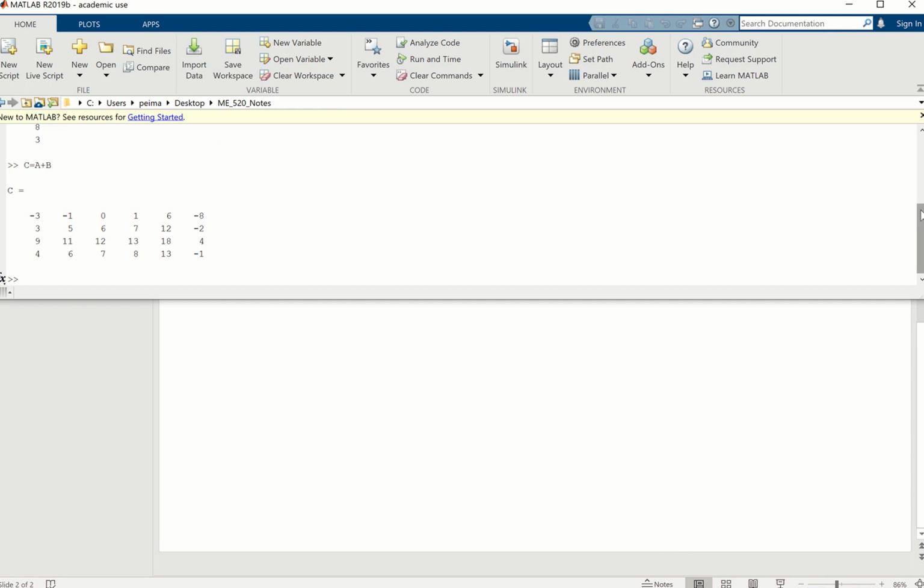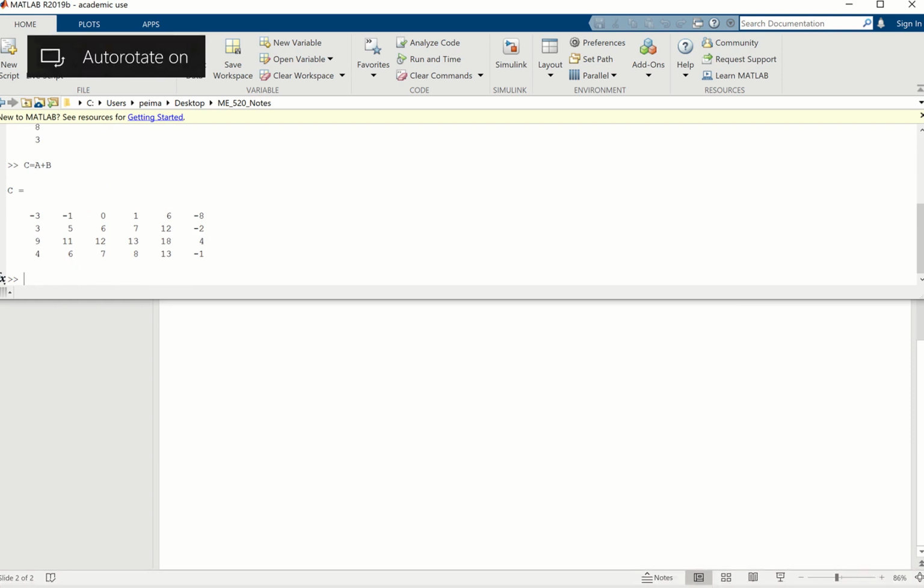You see that the matrix A length is 6 and this is 4. So you're going to have a matrix of 4 rows and 6 columns. This is algebra. That's right.